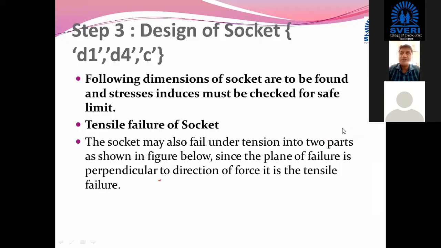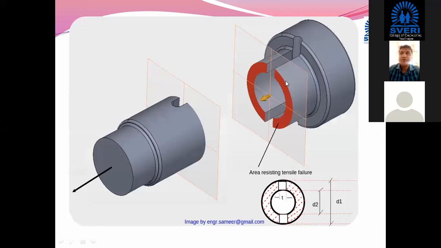Now, when we are going to consider the failure of that socket is taking place in the tension, okay. So what actually we are going to do? We are going to consider this failure is occurring here. Why we are not considered failure which is occurring at this place? We are not considered this plane as a plane of failure. Why we are considered here only? Can you just give me answer?